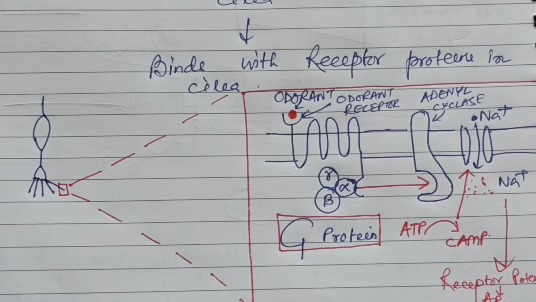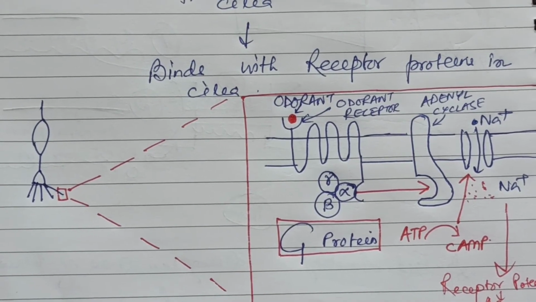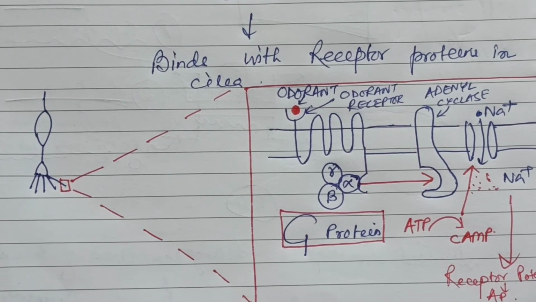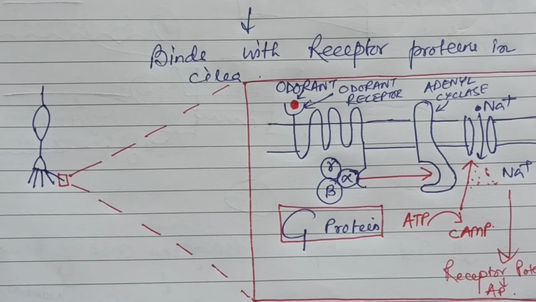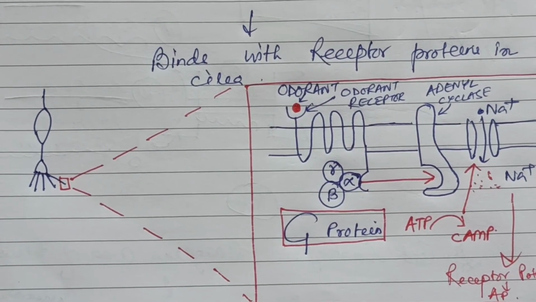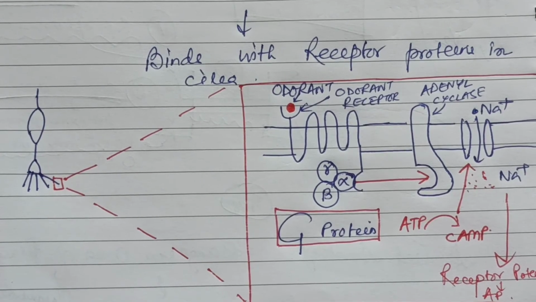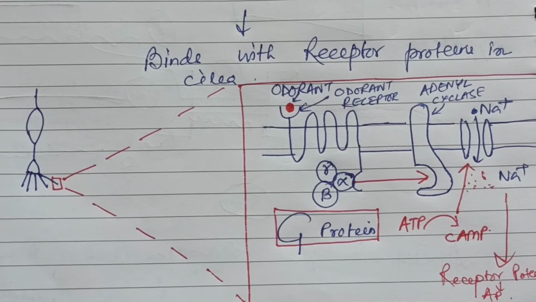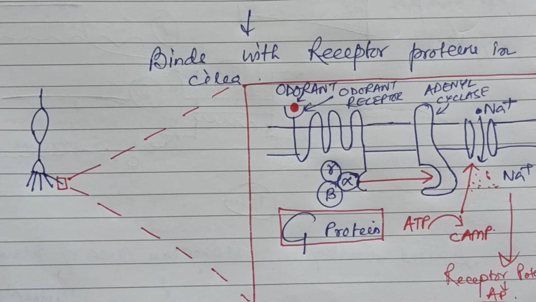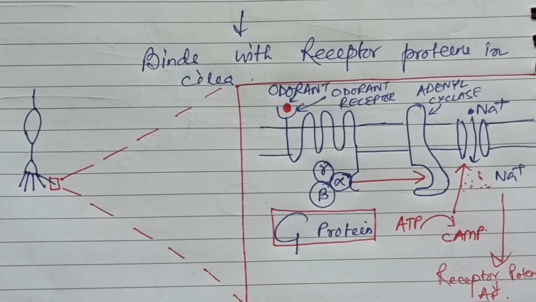When the odorant molecule, that is the red colored molecule, gets attached to the odorant receptor in the cilia, it activates the G protein. You know that the G protein has 3 subunits: alpha, beta and gamma. When this gets activated, the alpha subunit breaks, and then due to the activation of adenyl cyclase, ATP is converted to cyclic AMP.